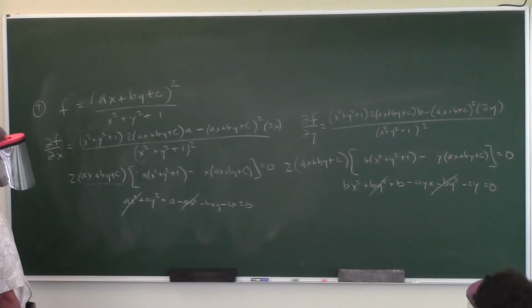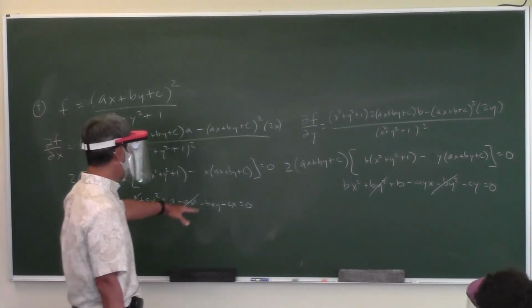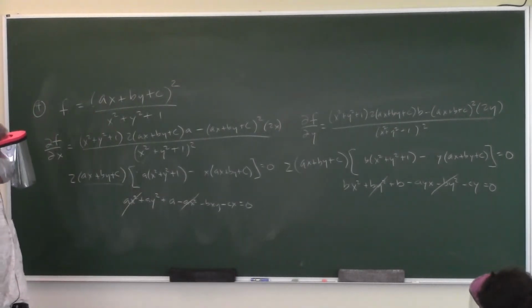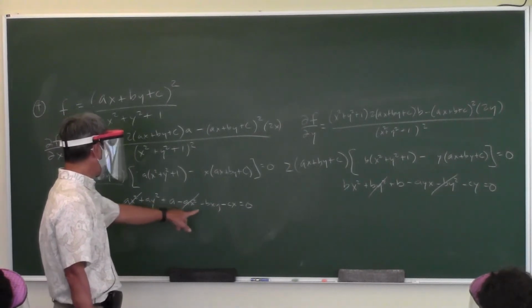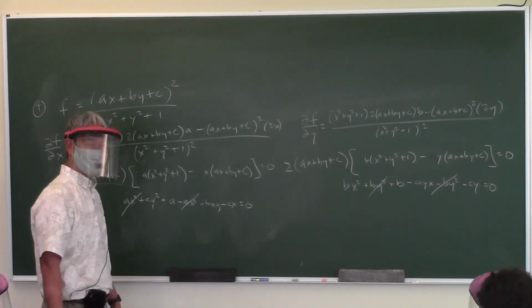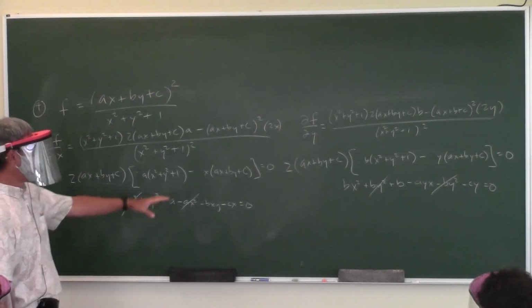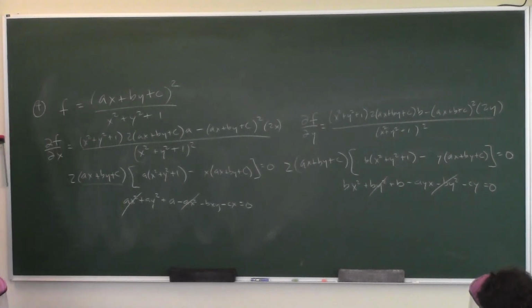If you can't see anything, then probably solve for x in this equation and plug it into that one, because it would be difficult to solve for y, since you've got a y squared and a y, and we'd have to use the quadratic formula or something like that. Or shall we solve for y in that equation and plug it in here? Or, like I said, is there something clever?